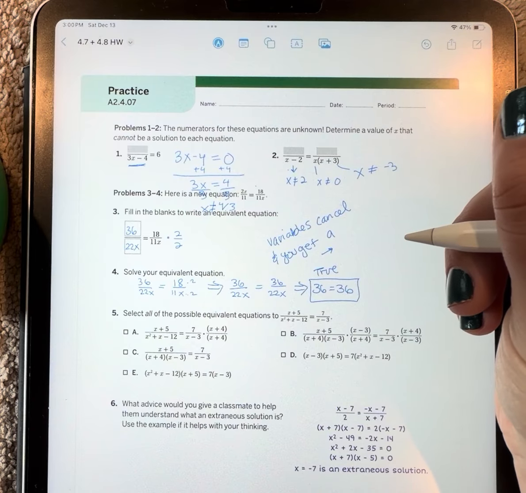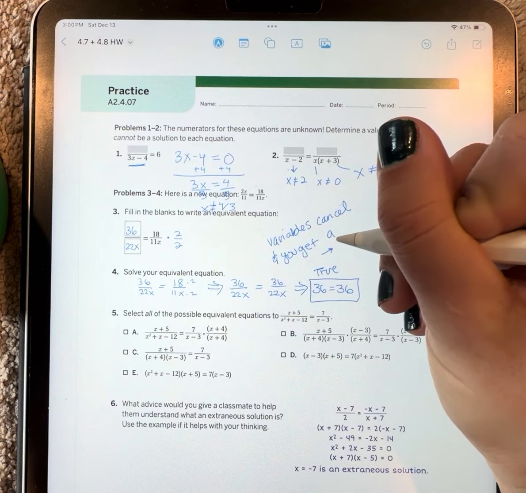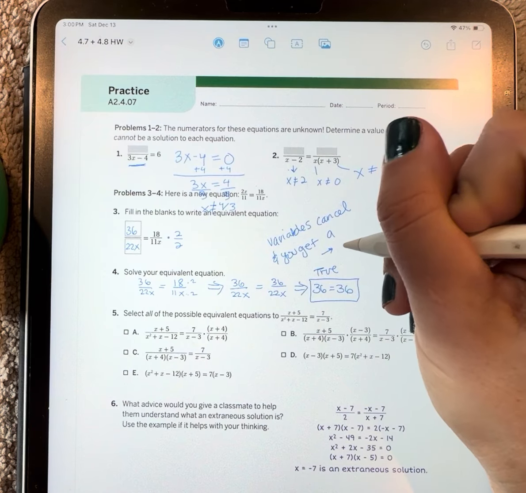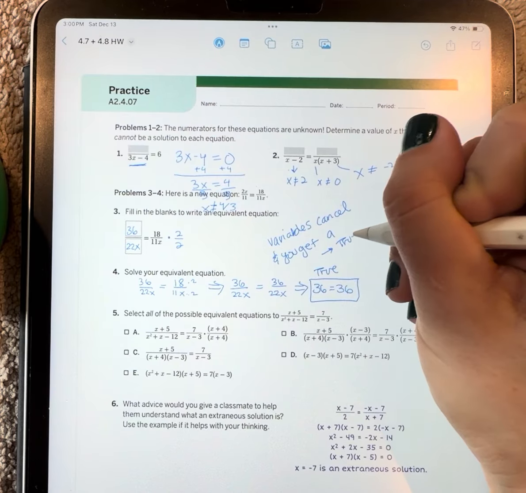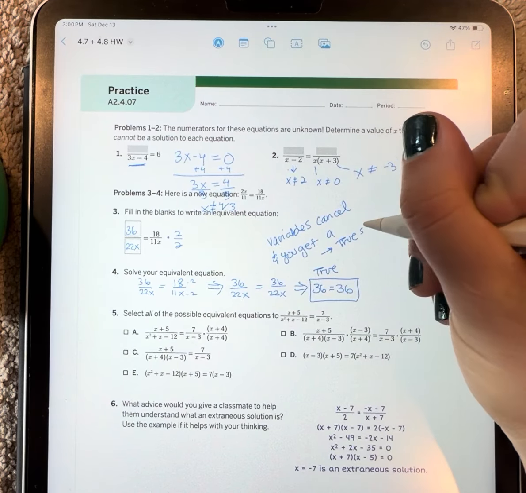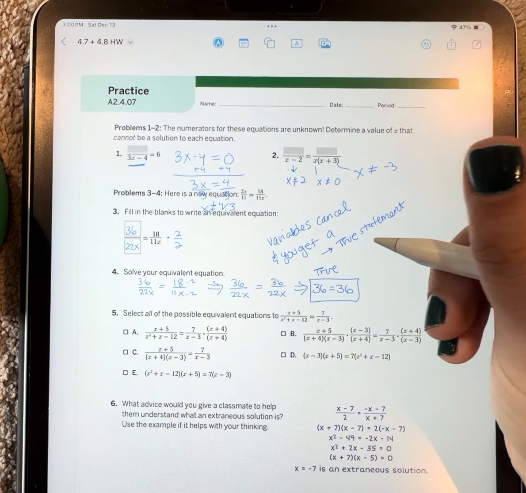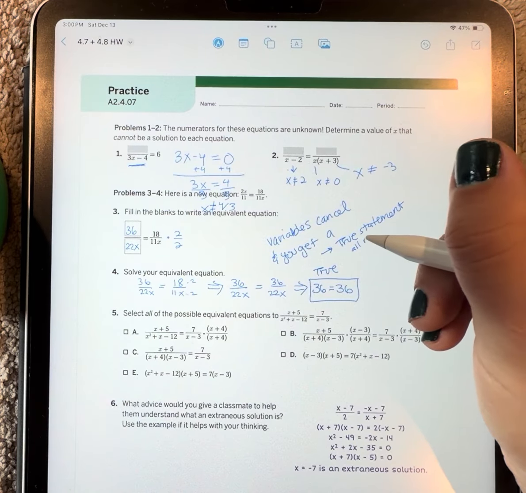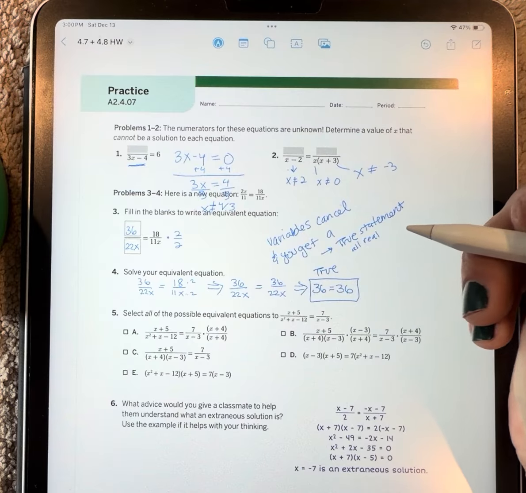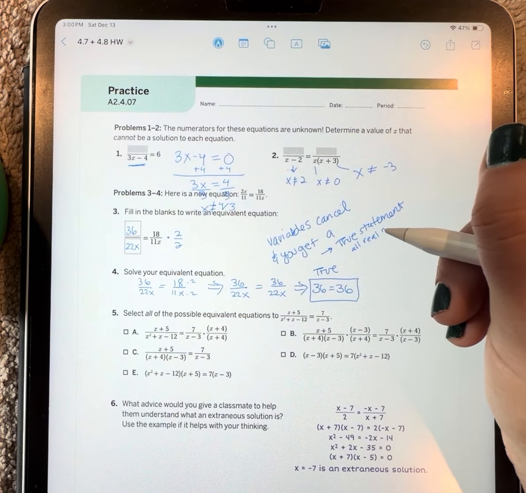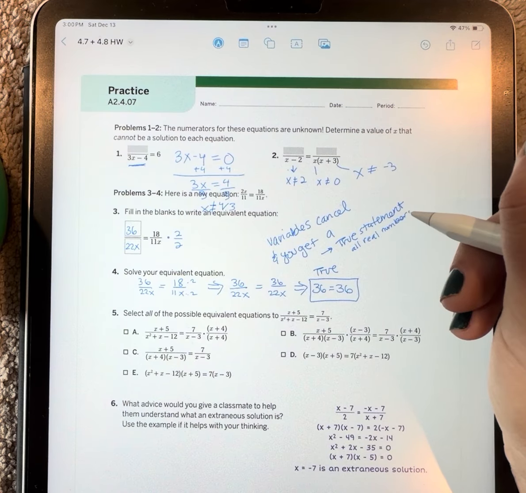Okay. I'm sorry. Whenever your variables cancel and you get a true statement, that means all real numbers are your solutions, or you have infinitely many solutions. Okay?